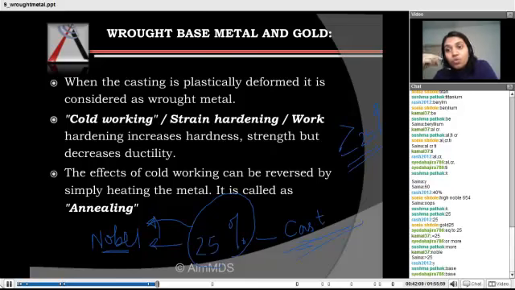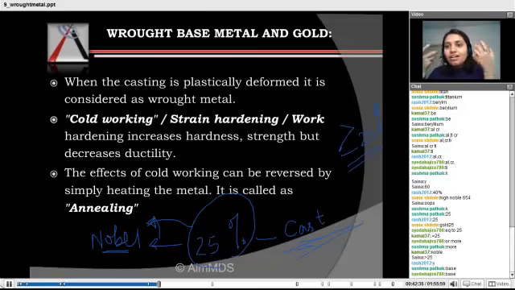Now when you cold work upon this cast metal, you can make it a wrought metal. How? If you take the cast metal and give it a shape, and if you keep giving it a shape for a certain duration of time, you will realize that after a particular time you can no more alter its shape.